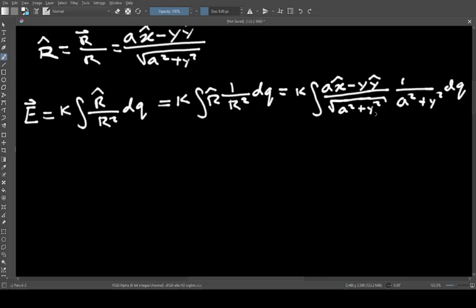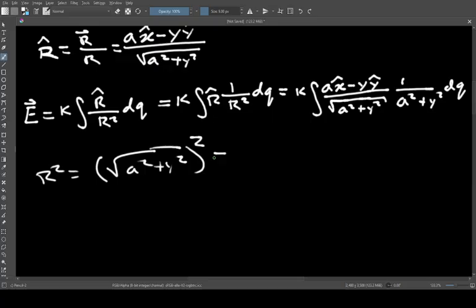The reason I did this here was that r squared is equal to the square root of a squared plus y squared, squared, which is just equal to a squared plus y squared.